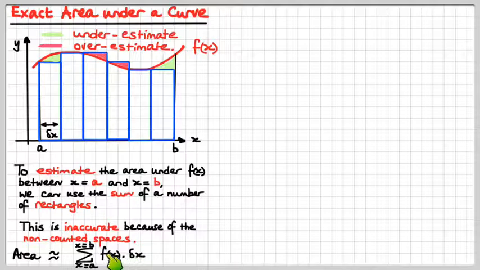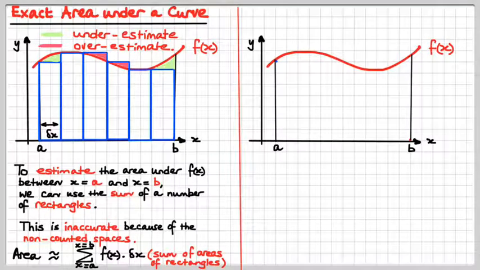So it's the sum of all those individual rectangles' heights times their widths, added all up, between x's a and x's b. That's my estimate, or really a guesstimate, if you like, of the area. Okay, it is the sum of the areas of rectangles.